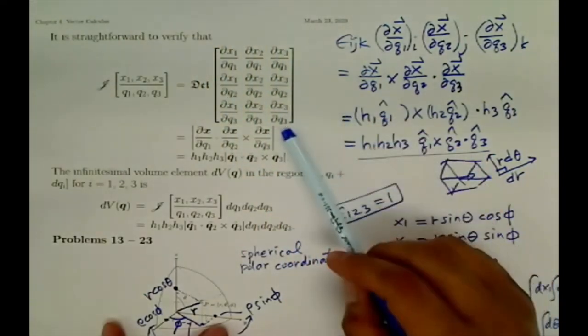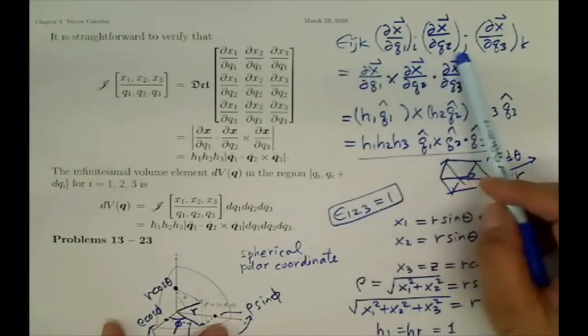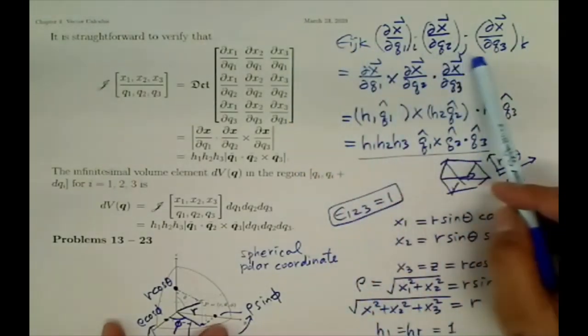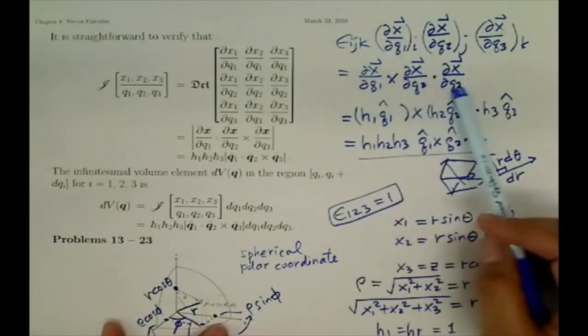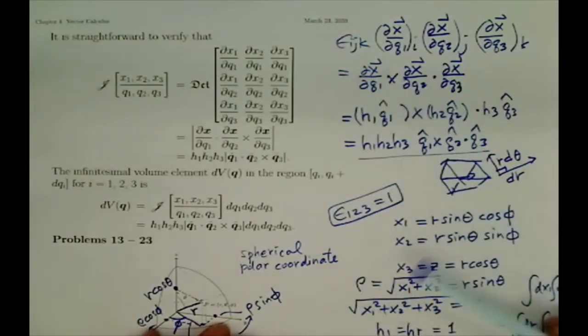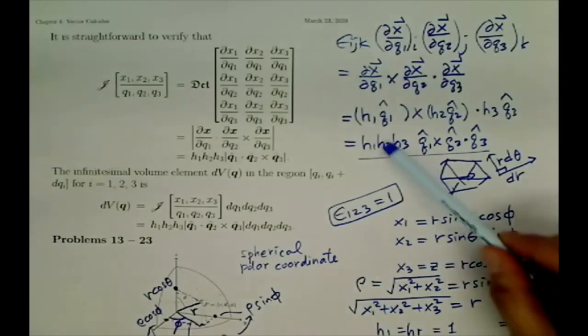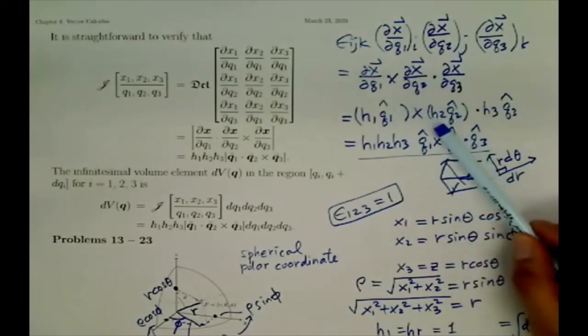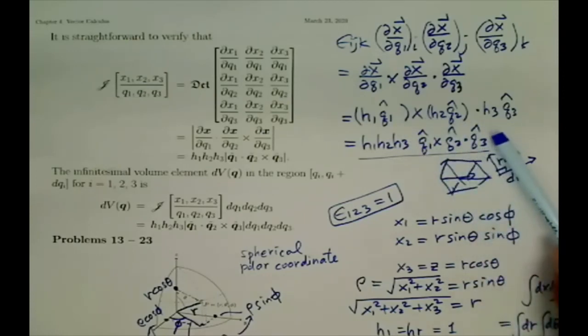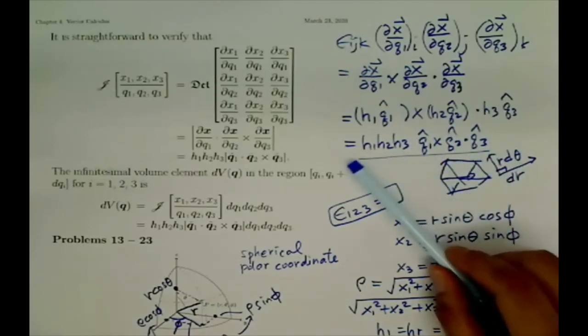This is simply combined as a Levi-Civita tensor because it is a determinant, and that is actually the triple scalar product of 3 vectors. All 3 vectors have a magnitude of the scale factor, and are parallel to the direction of the unit vector along each axis. If you choose a cyclic coordinate system, like cylindrical or spherical polar coordinates, this is always 1. And we end up with the scale factor product.